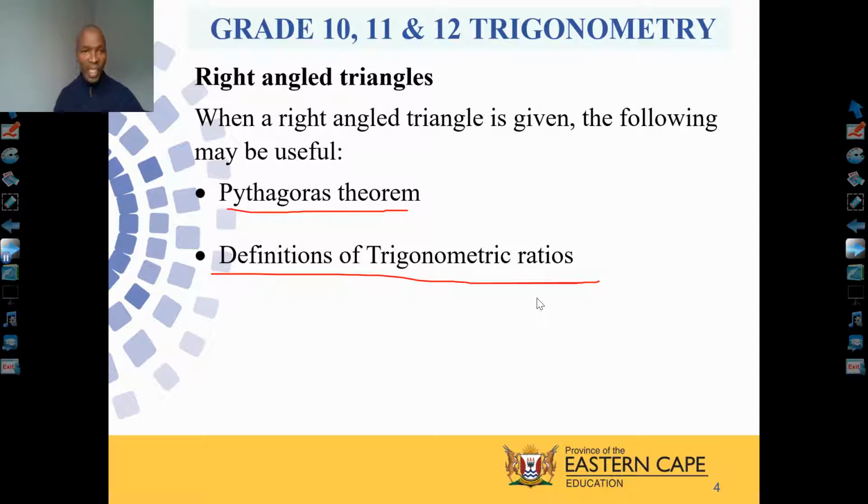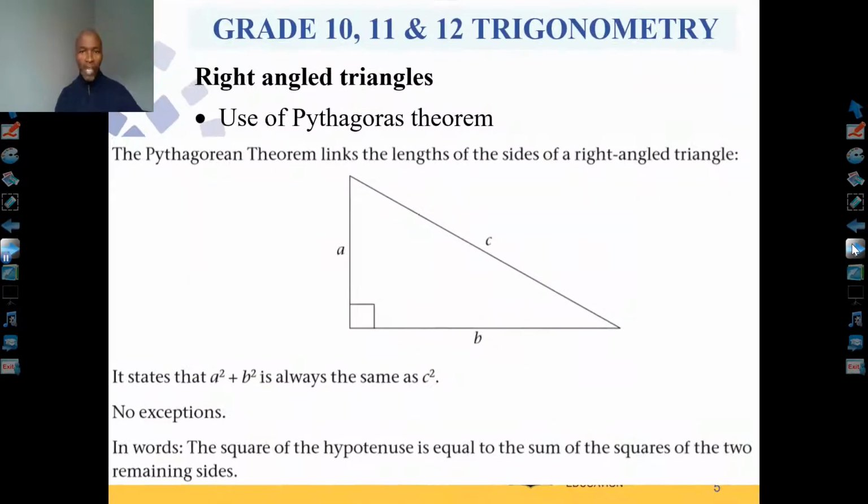So learners, you must keep in mind that at the end of the day, this issue of triangles is also part of Euclidean geometry. So keep in mind your Euclidean geometry, especially the sum of angles of a triangle. Please use that to your advantage whenever necessary. Right. So I want us to look at the use of Pythagoras theorem now.